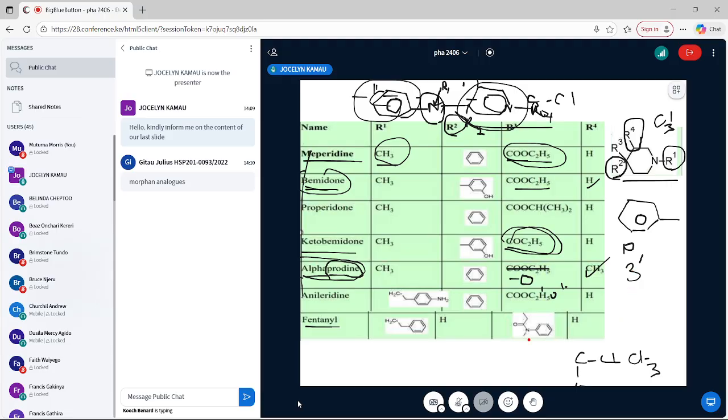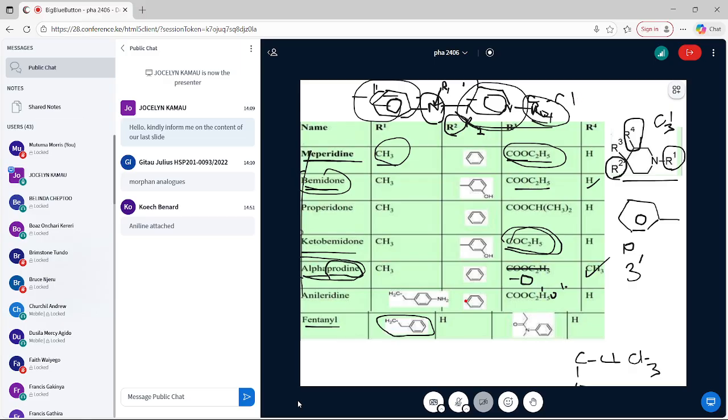So fentanyl, as we look at this structure here, is our prototype. The same R1 is what we are calling our R4 there. So carry the whole of this, an ethyl phenyl ring, and you bring it there. That will be like phenazoxime, or like phenethyl morphine. I hope you're together with me.